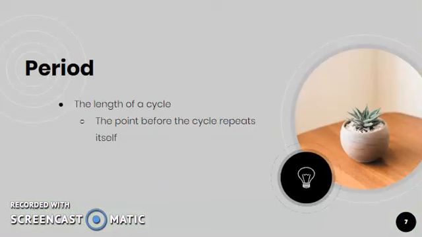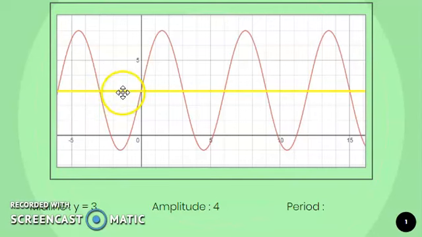Now we're going to be finding the period. The period is the length of a cycle, and that is how far the function gets before it repeats itself.